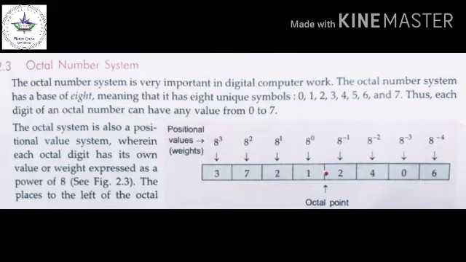The sequence of octal numbers goes as 0, 1, 2, 3, 4, 5, 6, 7, and after that 10, 11, 12, 13, 14 and so on. Means any number may have symbols 0 to 7 only, not beyond that.